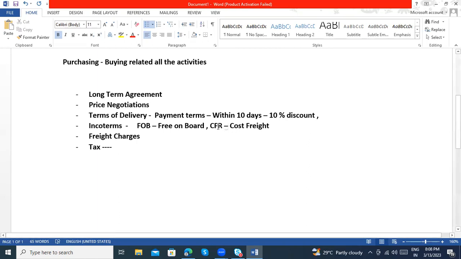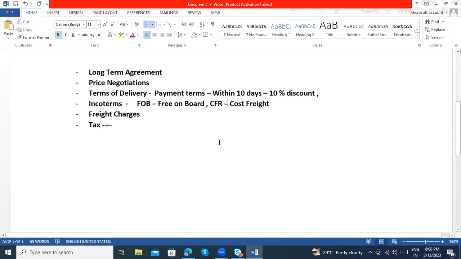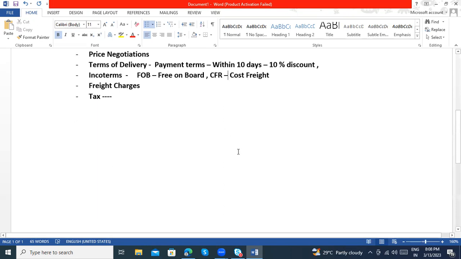But when it is CFR, we need to pay that amount to get the stock, whether it is customs related or transport related, whatever it may be, it's my cost. Okay, clear? Is it clear?